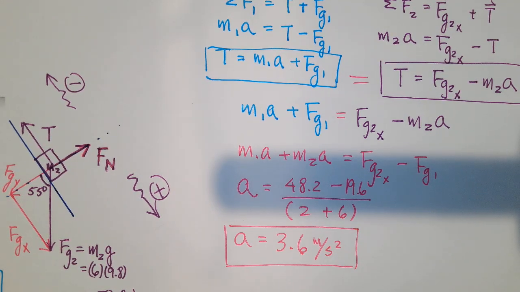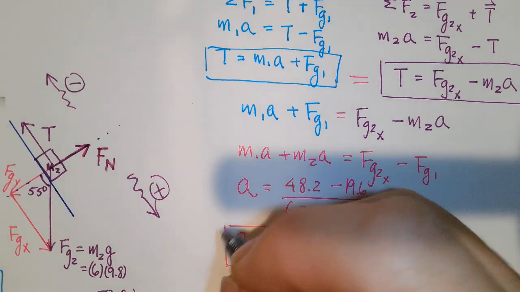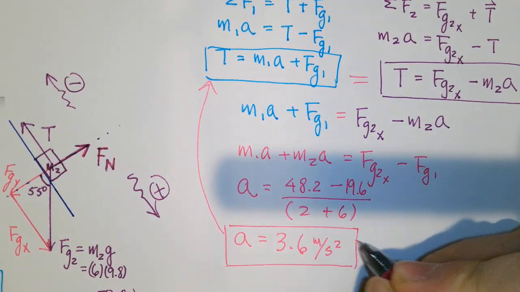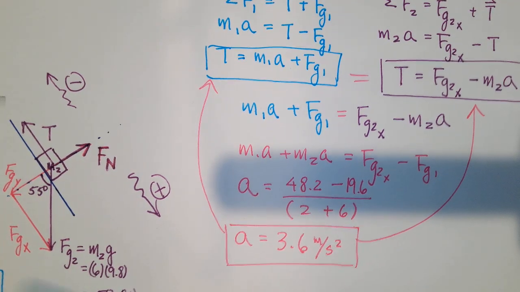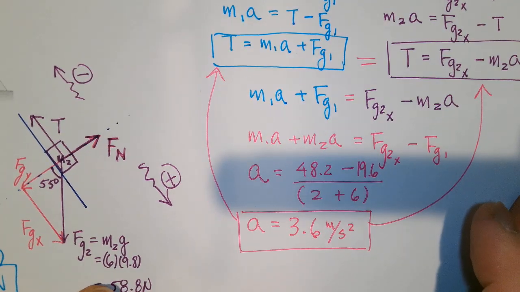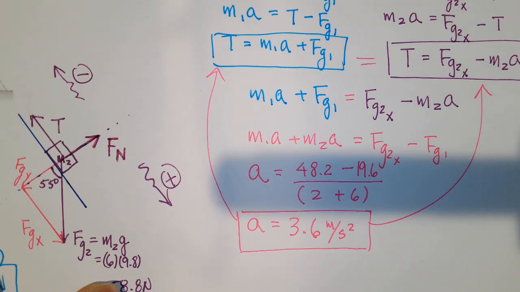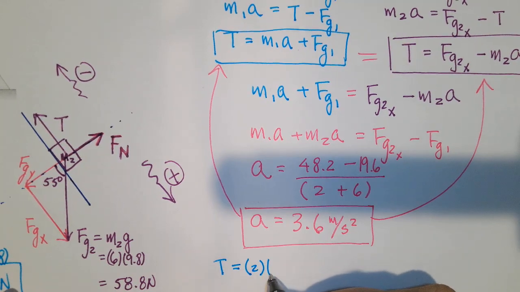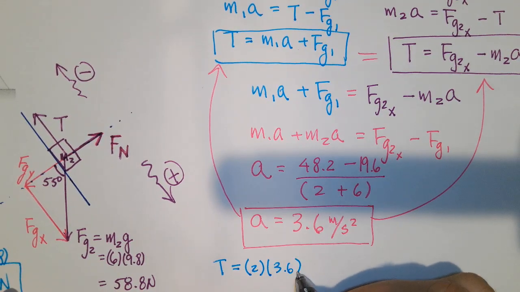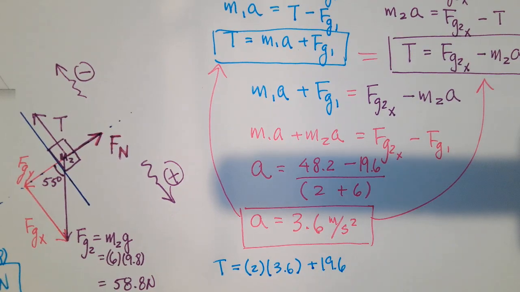Therefore, if we plug this into either here or here, it doesn't matter which one you plug it into, you should be able to calculate the tension. So tension is equal to M1, which is 2, times 3.6 plus 19.6.